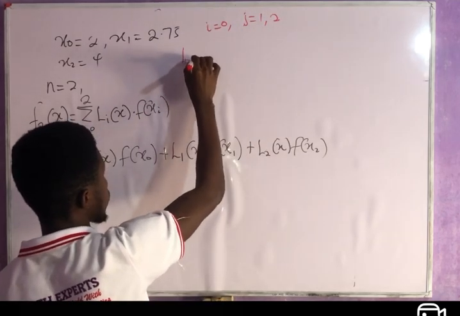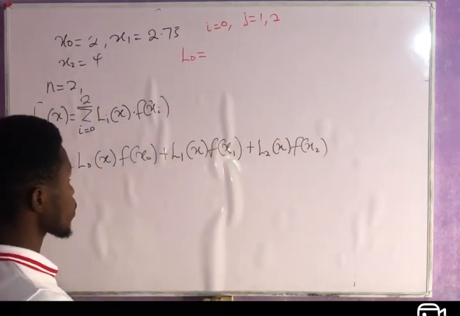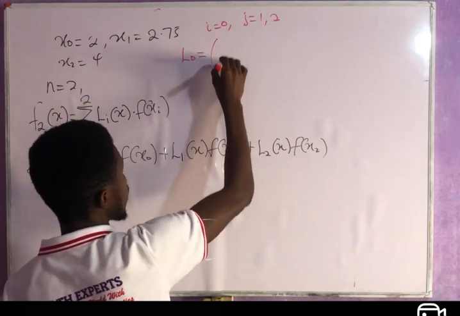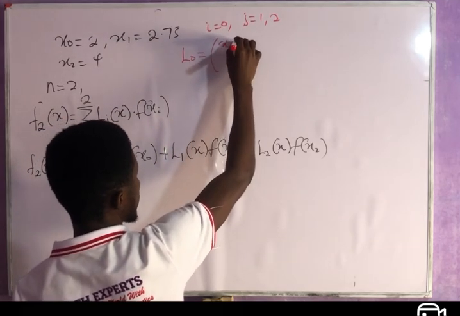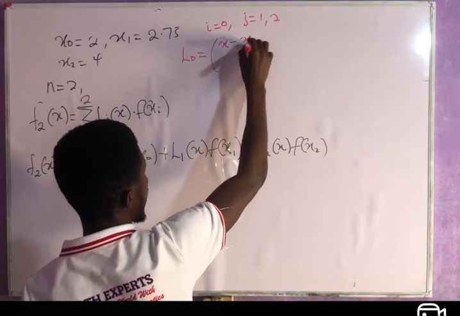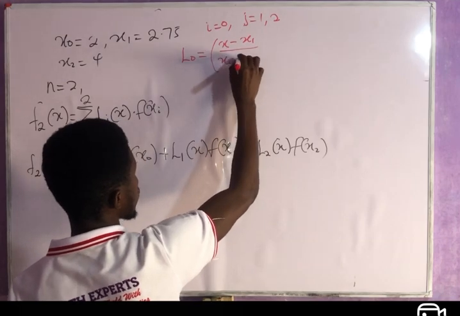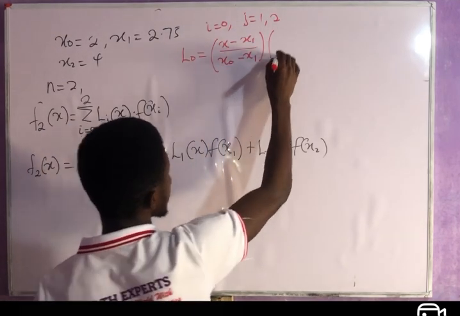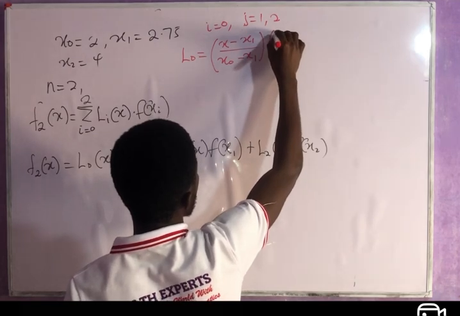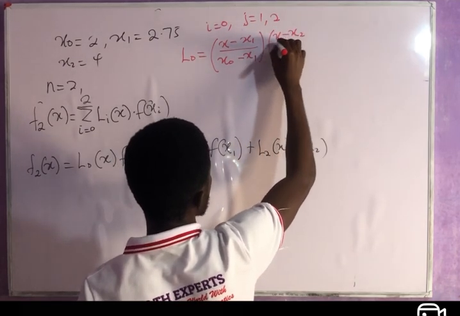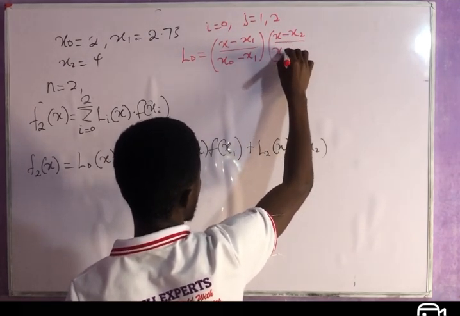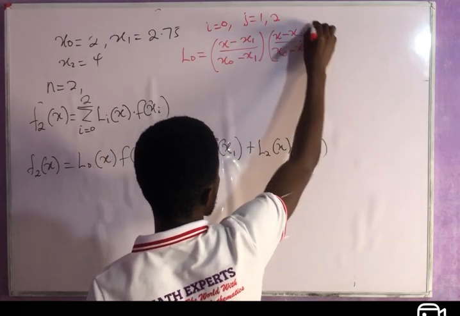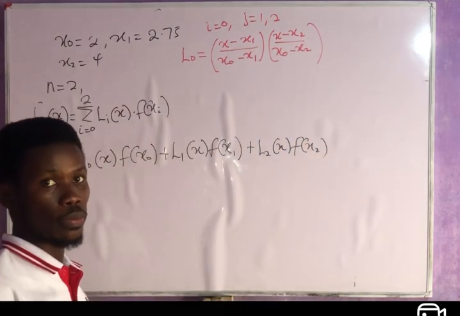Meaning our L0 is going to be x minus x1 over x0 minus x1, multiplying x minus x2 over x0 minus x2. This is what we have.